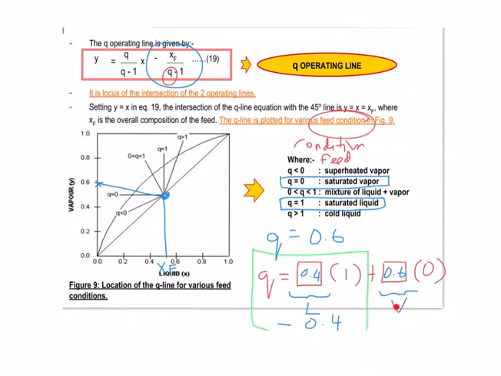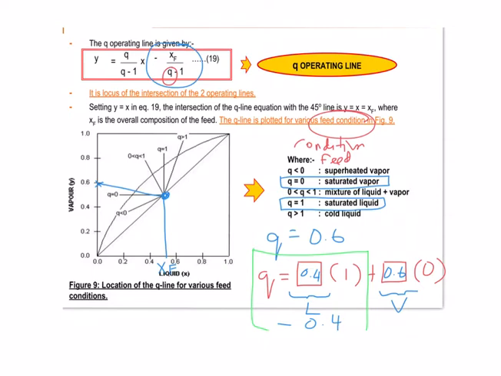For the vapor, the multiplier is 0, but for the liquid, the multiplier is 1. If the question says only 40% of your mixture is in liquid form, you put 0.4 at the liquid section. Automatically you know the rest of the percentage represents the vapor. By doing that, you have q equal to 0.4.